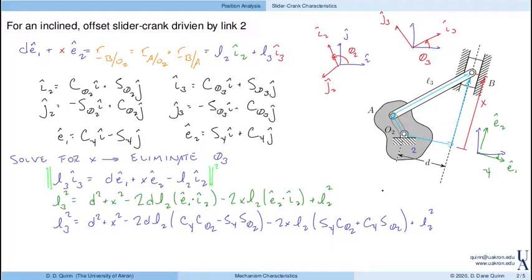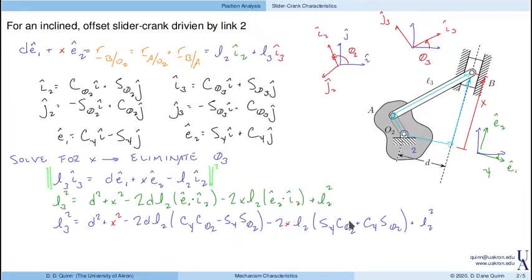So if you notice, this equation in blue that we ended up with just contains the unknown that we're interested in, which in this case is x. X is here. So we have an x squared there, and then x is over here as well. This equation is just quadratic in x.